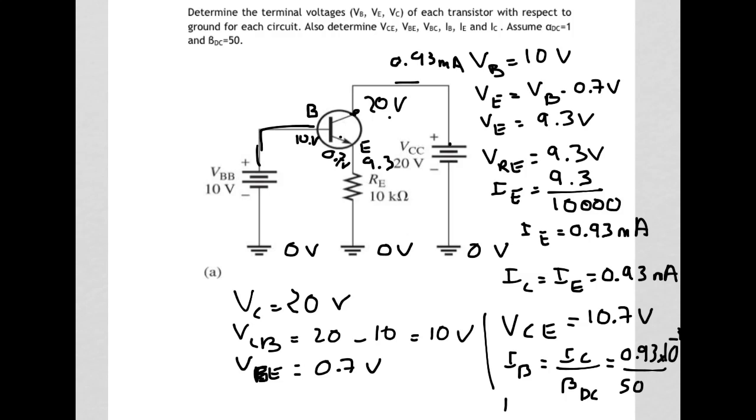So IB is going to be very small, about 1.86 times 10 to the minus 5 amps. Okay.